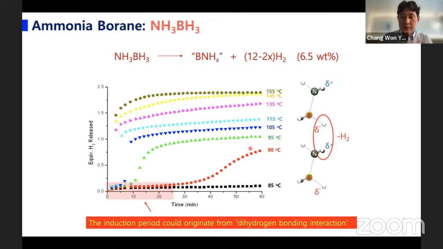If you increase the reaction temperature to 95 degrees Celsius, then the induction period is shortened. So for 10 minutes there's no reaction, then it releases hydrogen. And if you increase the reaction temperature higher and higher, the induction period is continuously shortened.